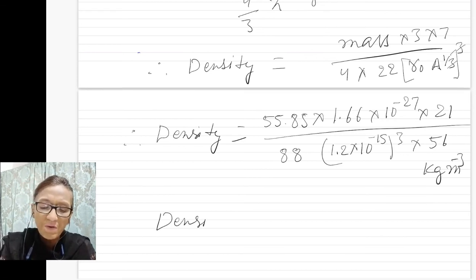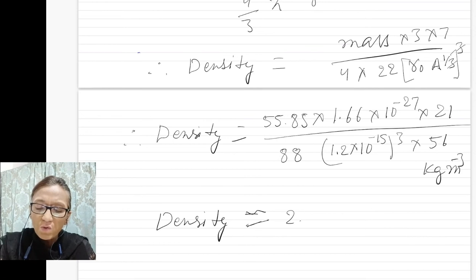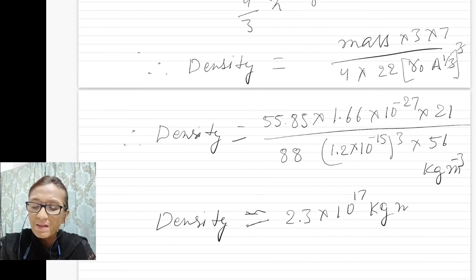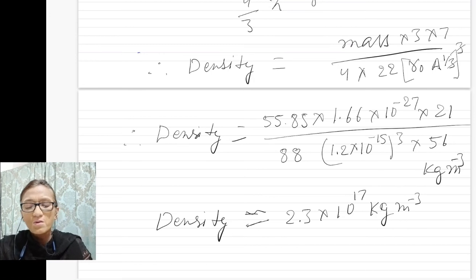And on simplification you find that it comes almost nearly equal to 2.3 into 10 to the power 17 kg per meter cube. So the density of nucleons in any element is a constant.